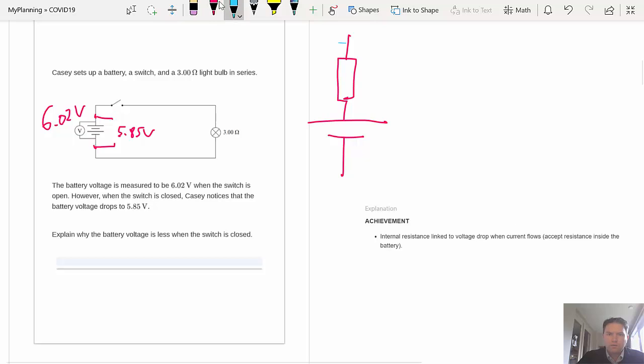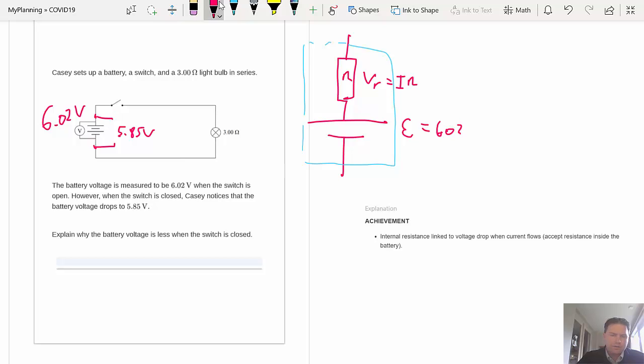Inside this blue box there's a power supply with an EMF of 6.02 volts, and when a 3 ohm resistor is added, there is voltage lost across the internal resistor, equivalent to IR, where R is the resistance of the resistor. So essentially it's a cheat level question, about voltage being lost by the internal resistance inside the power supply.